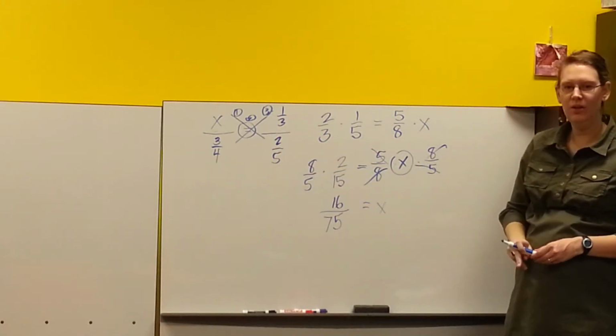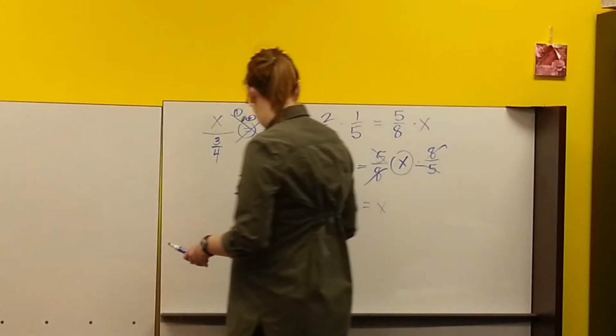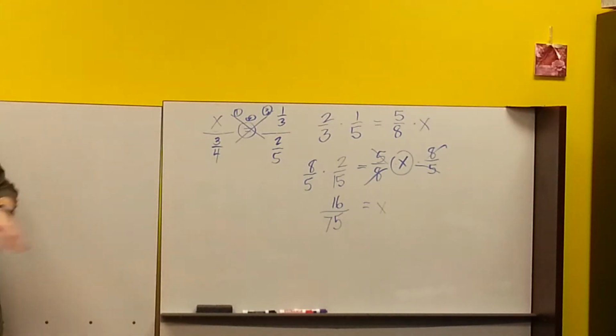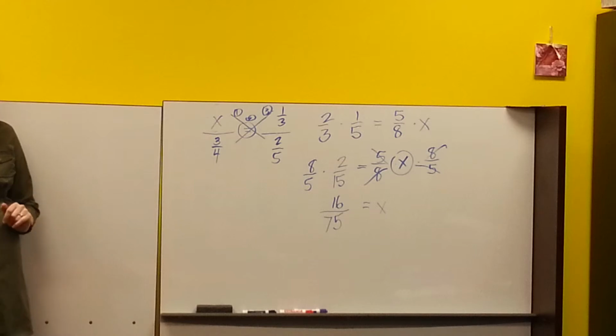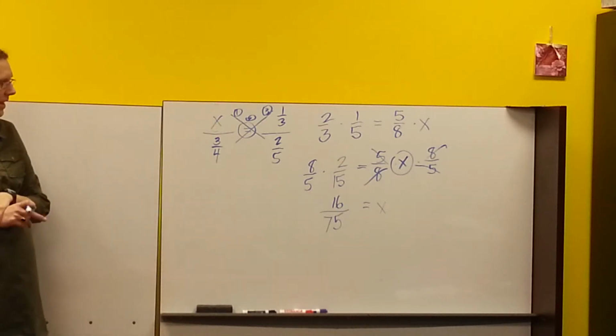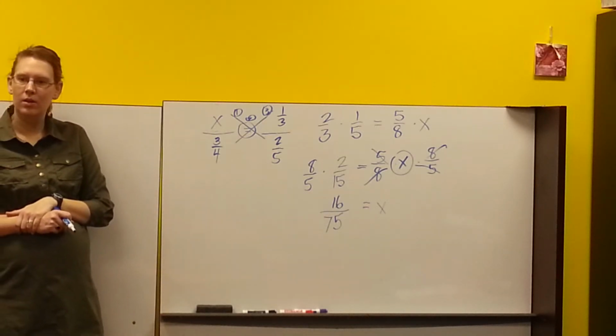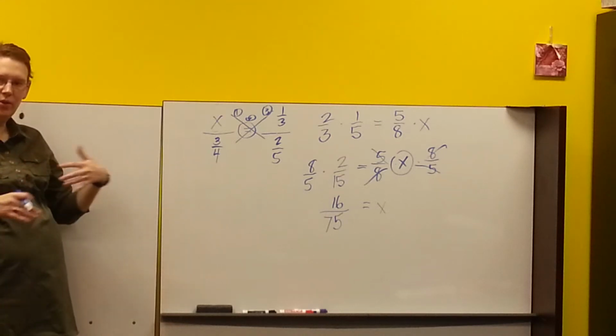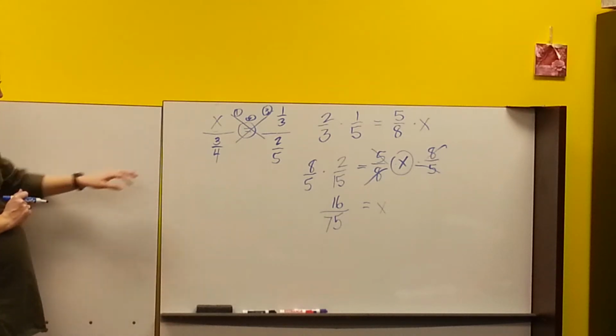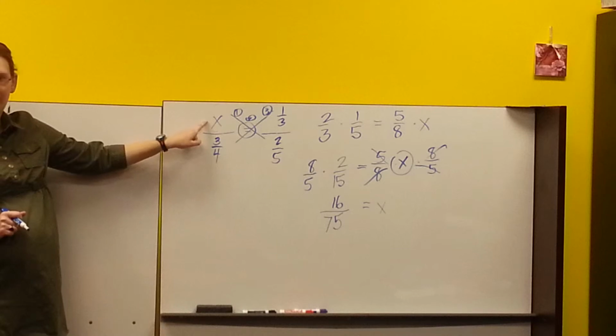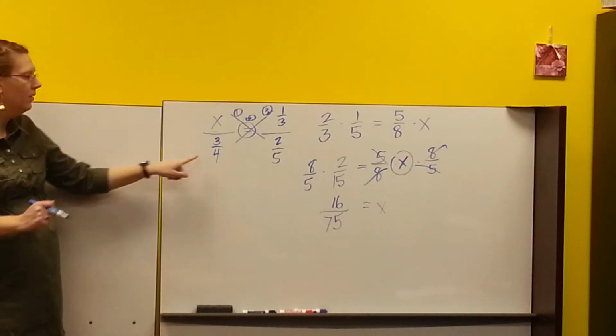Damon, will you set this one up for me? Set up the equation. X moved. He's now on top over here instead of on the bottom. 2/5 x.